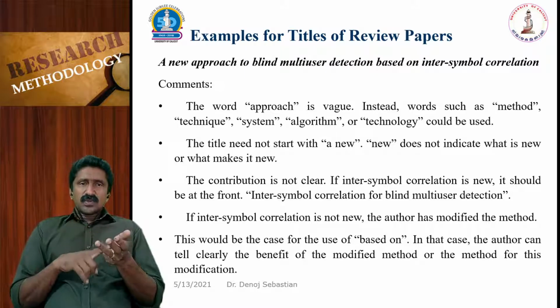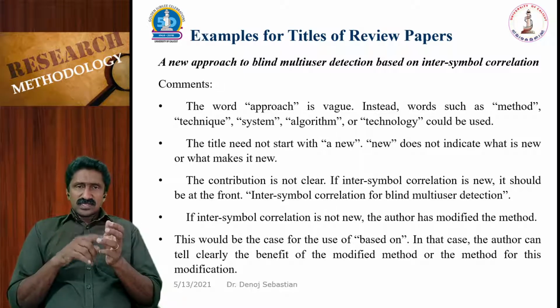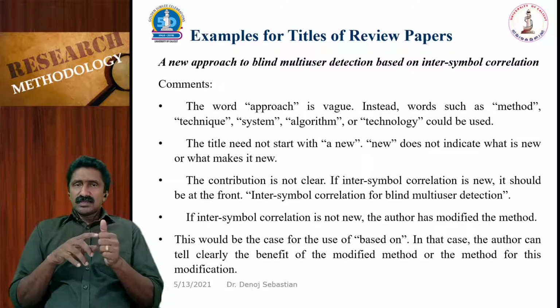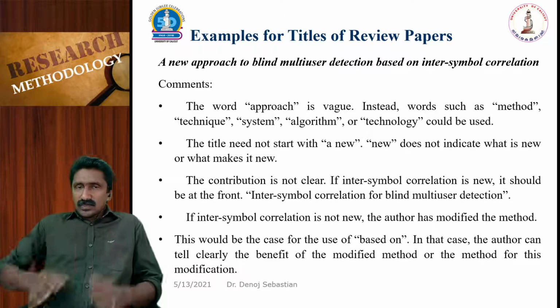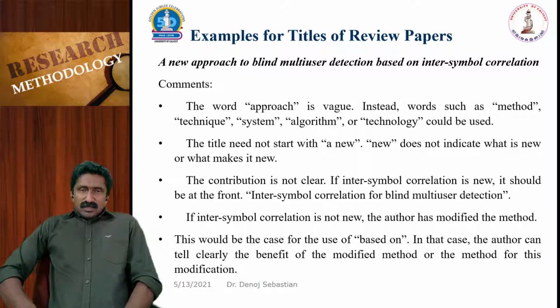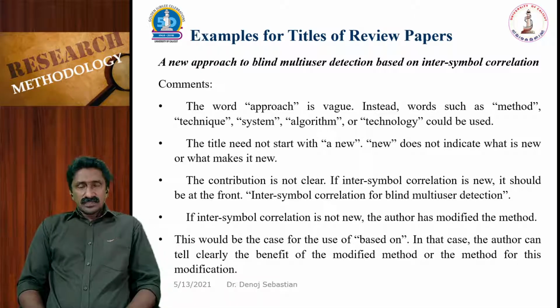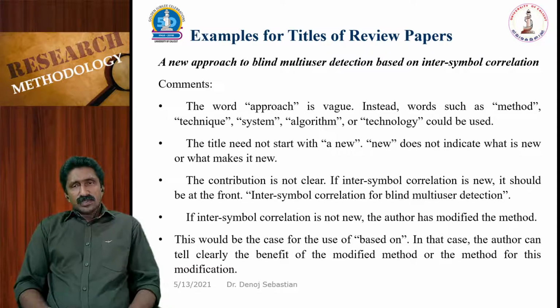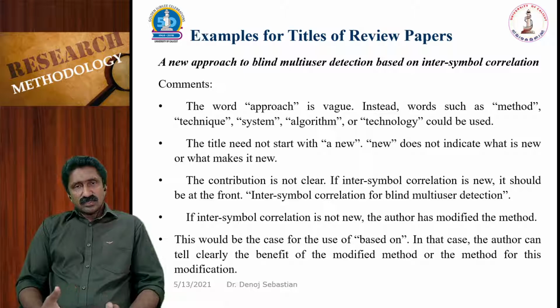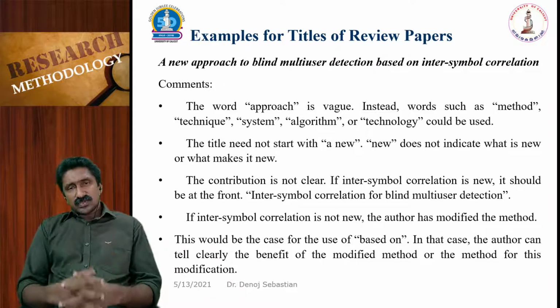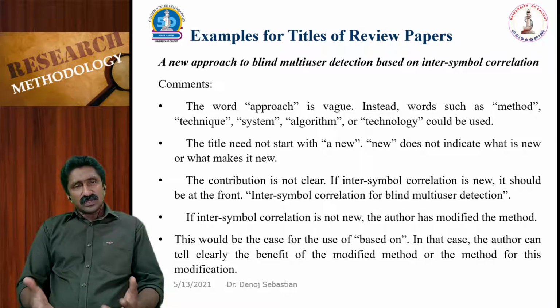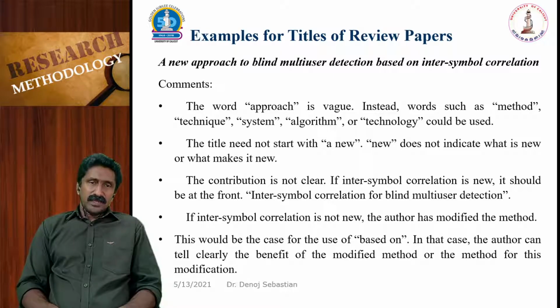The word approach is vague. Instead, words such as method, technique, system, algorithm, or technology could be used. Which type of approach is not specified in that title. So instead of a new approach, a new method, technique, system, algorithm, or technology will be more suitable, because the first one, approach, is actually a vague idea.